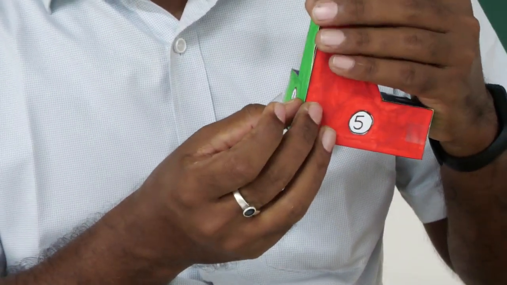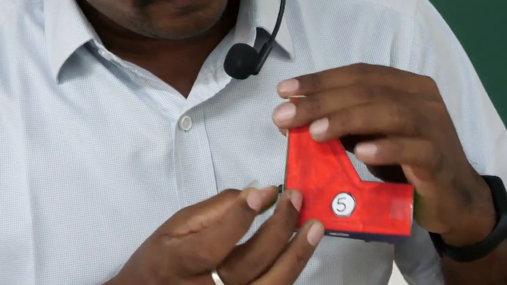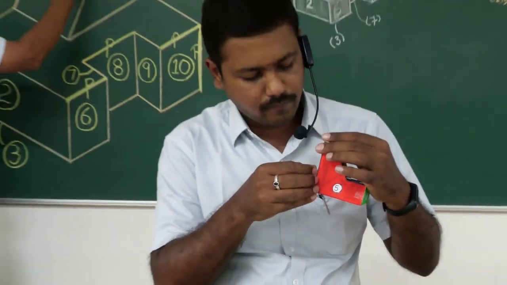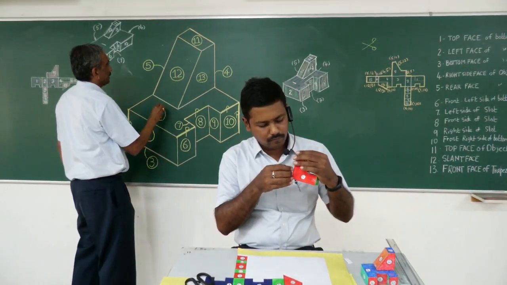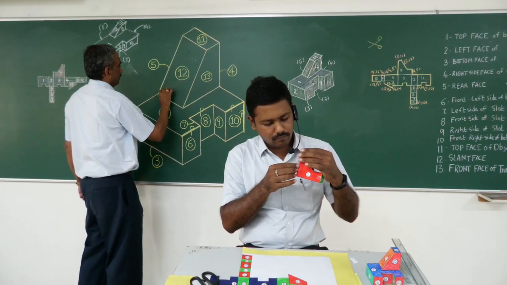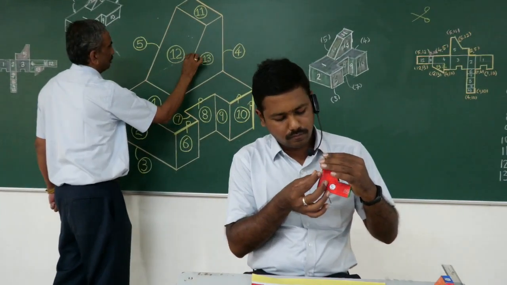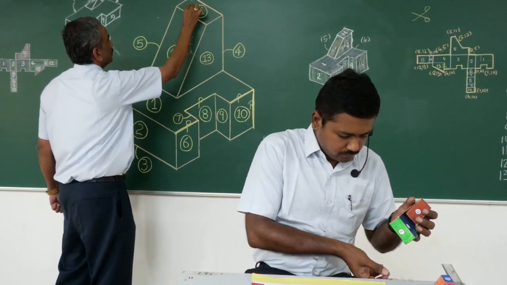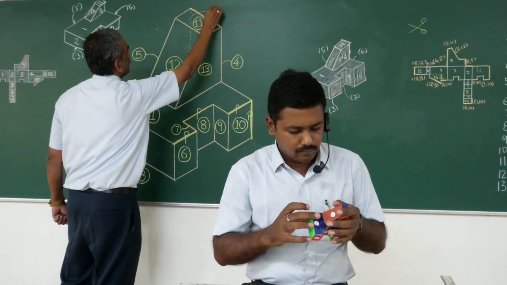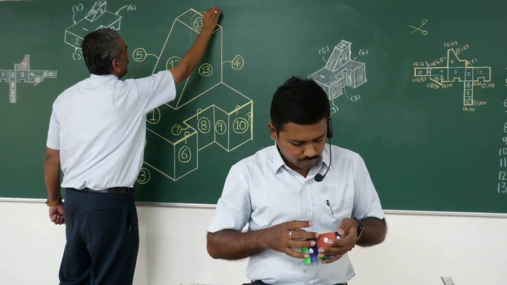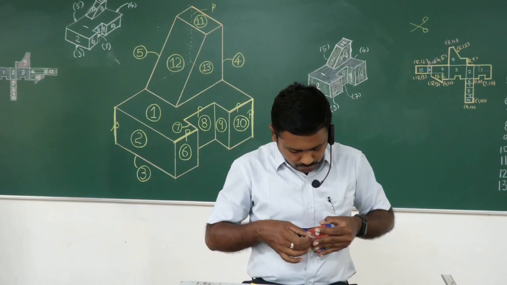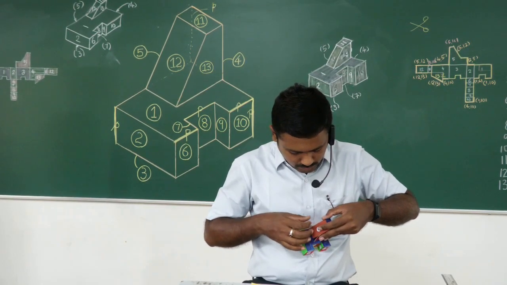Then I am pasting the edge between 4 and 5. Behind, we have the edge that is pasted. This edge is also pasted. Then I am pasting the edge between 5 and the slant edge 12.